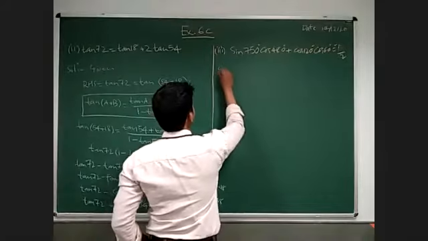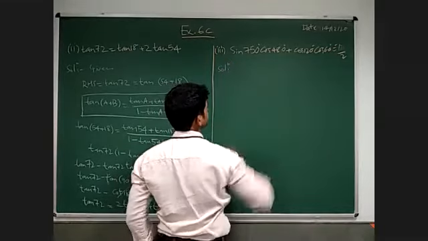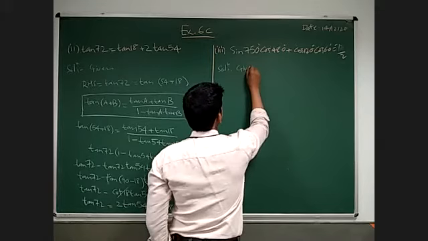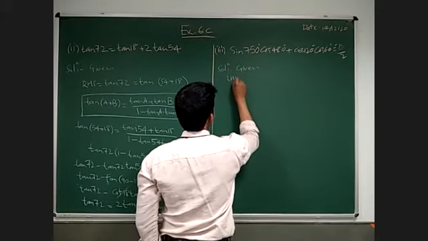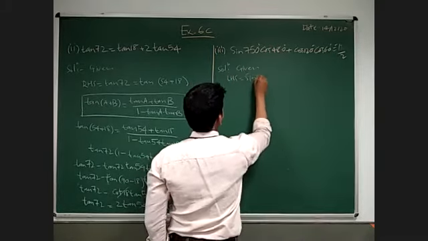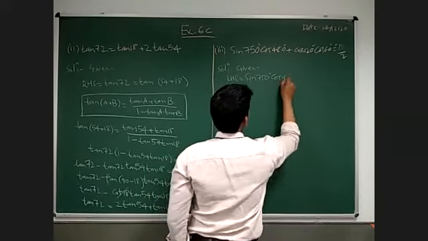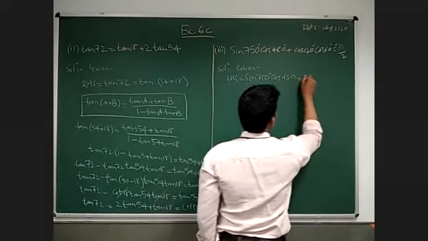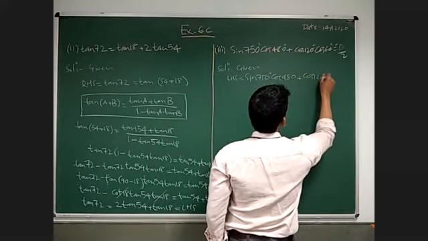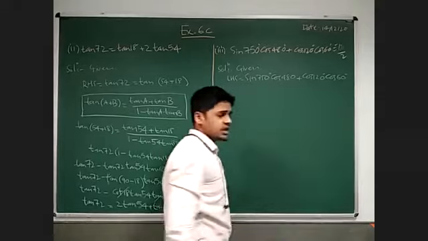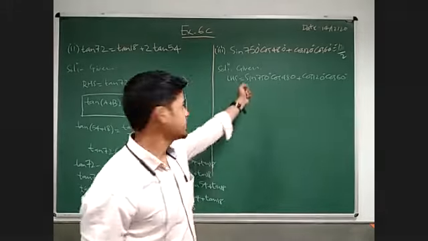Okay, so here the solution will be: in the left hand side there is sin 750 degree cos 480 degree plus cos 120 degree and cos 60 degree. This is given in the left hand side.